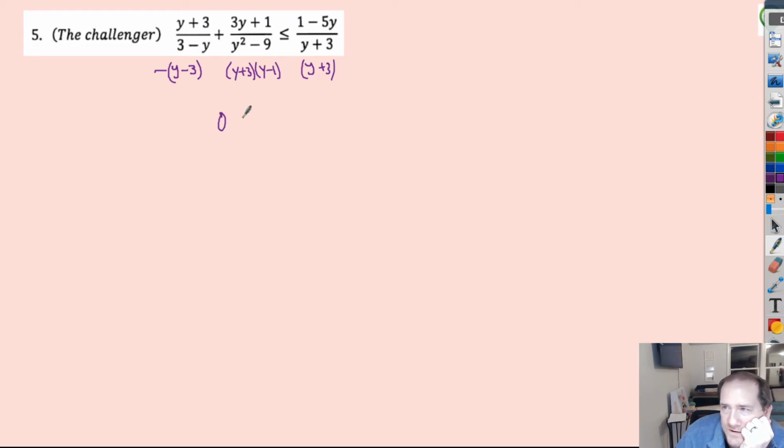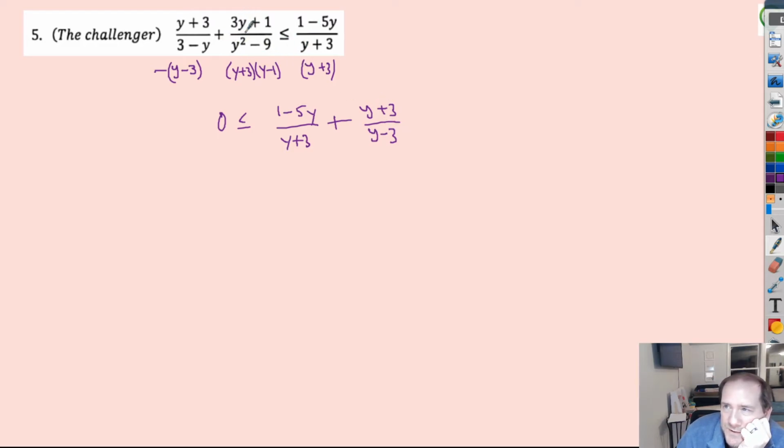And then you'd have 0 is less than or equal to the 1 minus 5y over y plus 3 plus the y plus 3 over y minus 3. And then this negative now is essentially just gone. By adding this thing to both sides, it just doesn't need to be there anymore. So we just have this now.